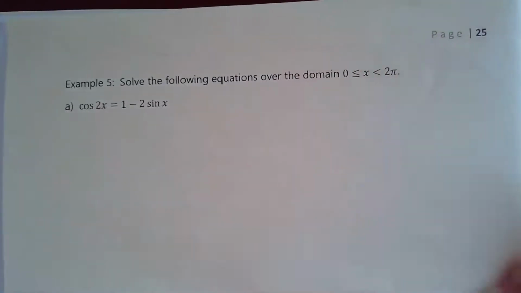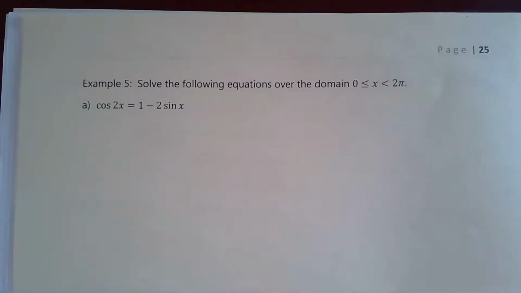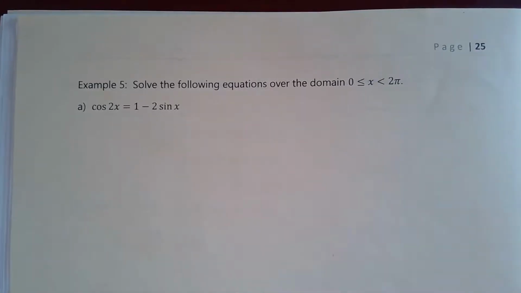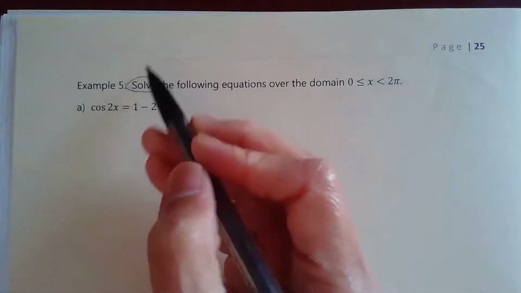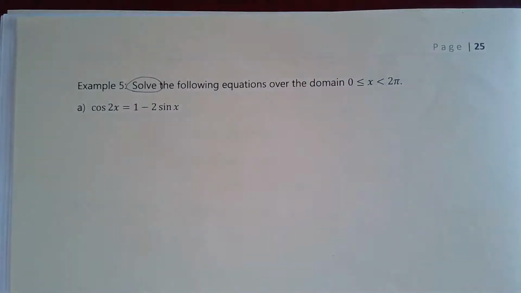Solving means we're going to find an angle that goes with this one in here. So we're going to use our trig identities. Also, because we are solving, it's okay to move terms to the left side or the right side, right? So that is okay.